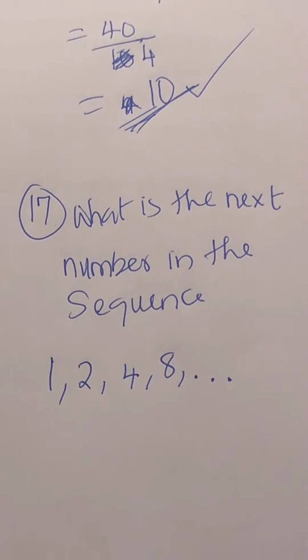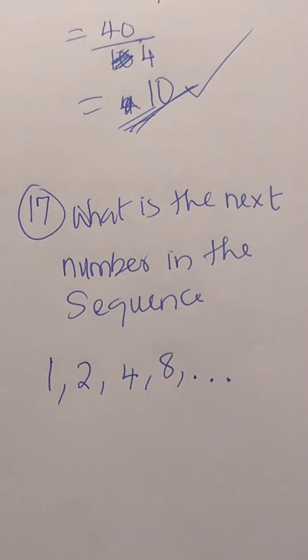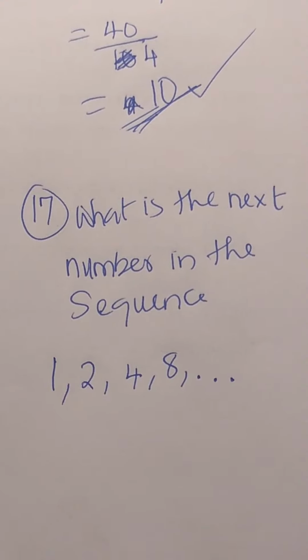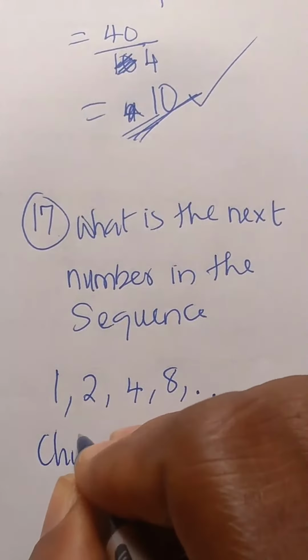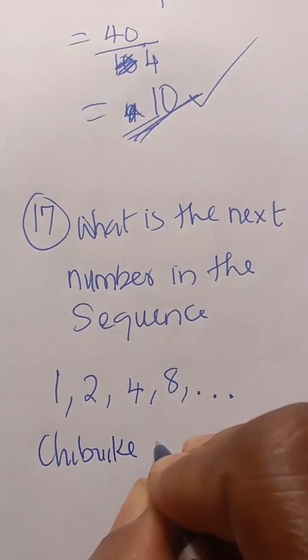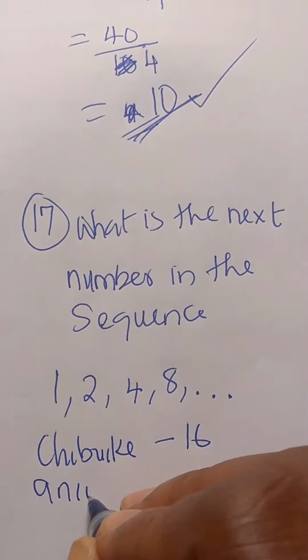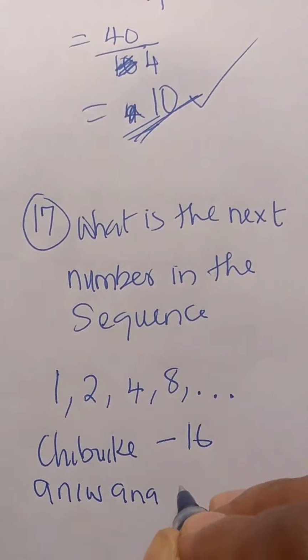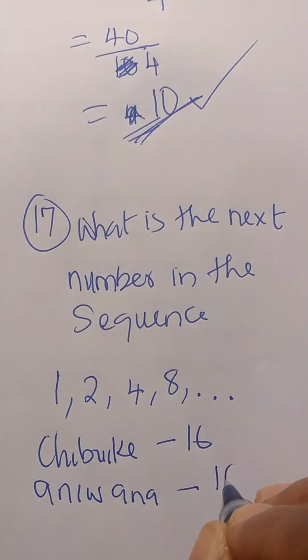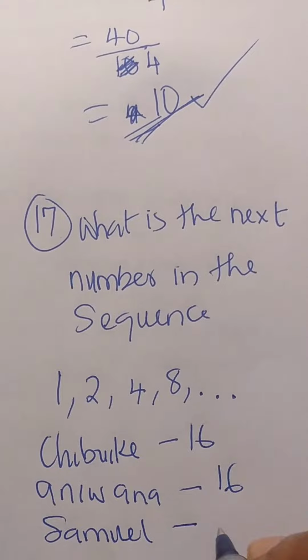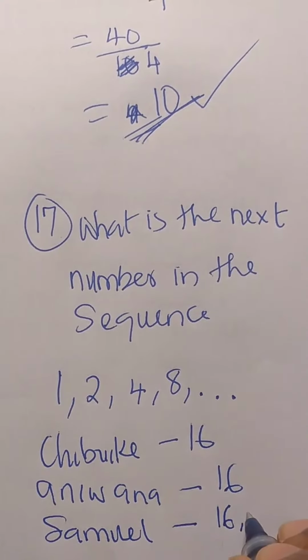Okay, I'm glad so many people are answering. Hi, Chibike, you're welcome. Aniwana Junior, you're welcome. So Chibike says 16. Aniwana Junior says 16, and Samuel says 16. Okay, 32.